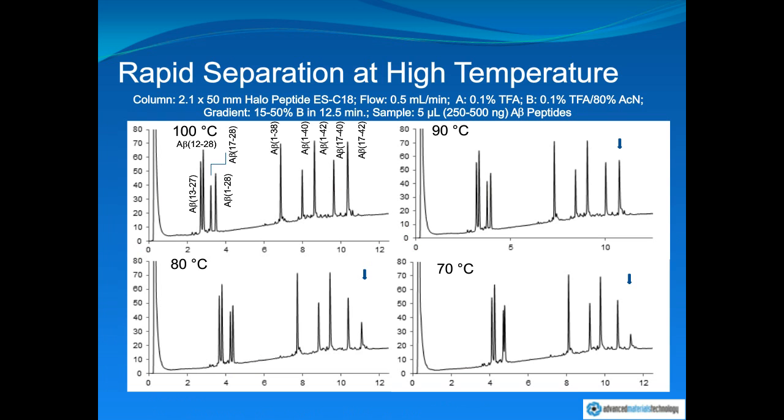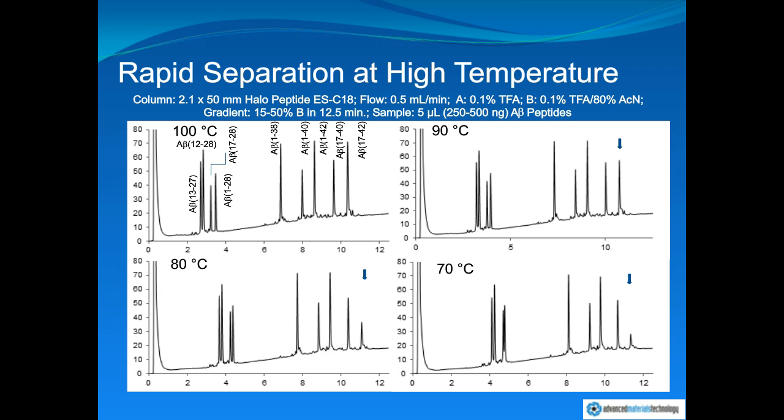Now, I mentioned operation at elevated temperature is important. Design of chromatographic material to tolerate it is important. When I say elevated temperature, I generally am referring to above 60 degrees centigrade, again, under typical low pH conditions. This slide shows an example of the separation of the amyloid peptides derived from the so-called C-terminus of the amyloid precursor polypeptide.